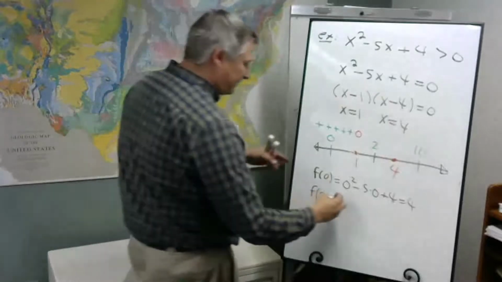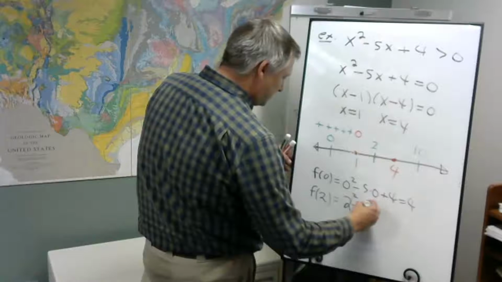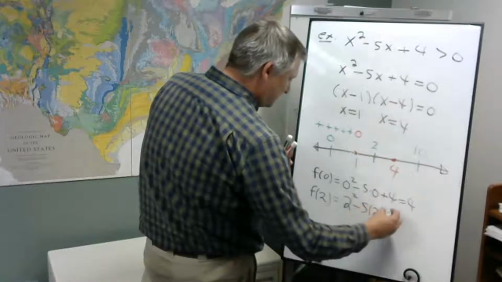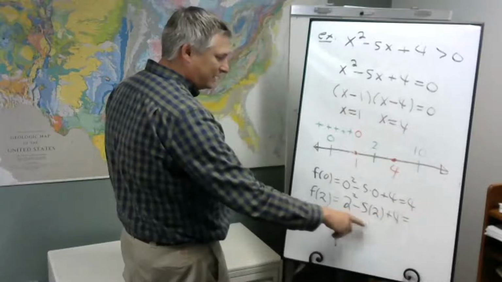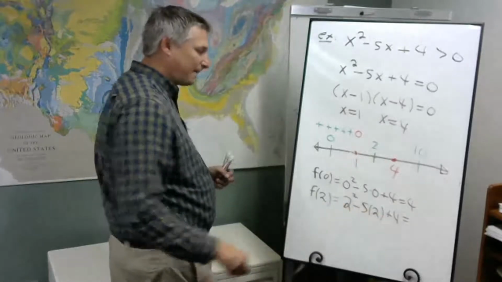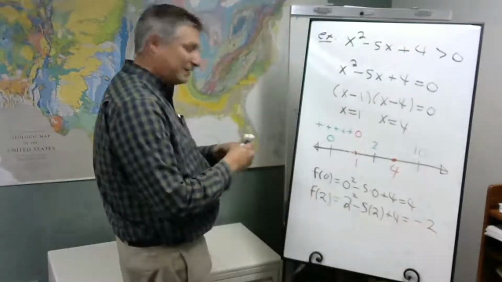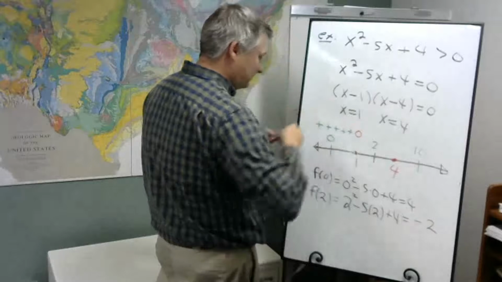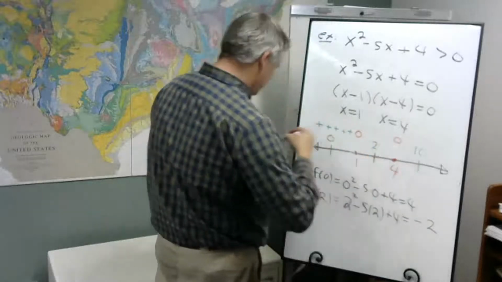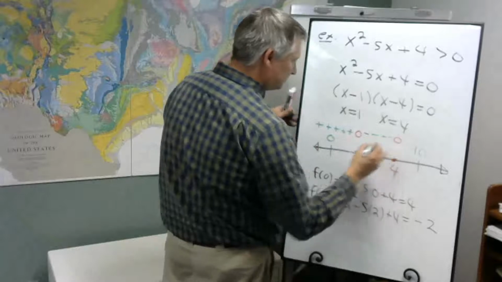Well, we'll verify that. 2 squared minus 5 times 2 plus 4. So this will be 4 minus 10 plus 4, which is negative 2. And so that's negative. So for this interval, it's negative.